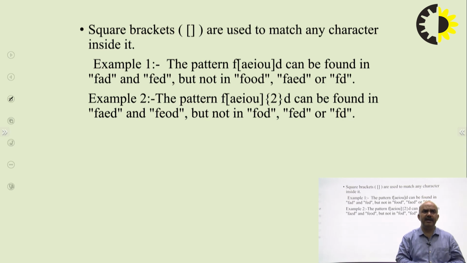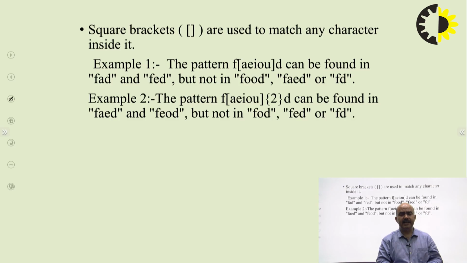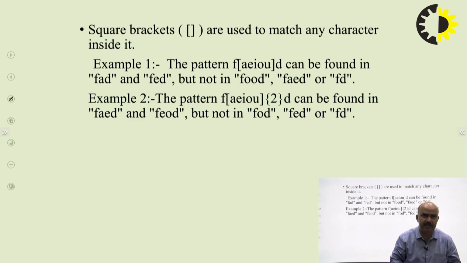Another is the square bracket, which is used to match any one character within the brackets. Whatever has been found inside the square brackets is acceptable, otherwise it is not acceptable. So in this example, two examples are taken, 1 and 2.